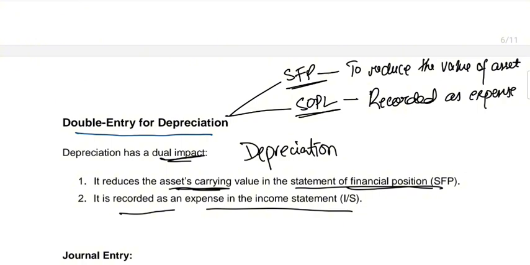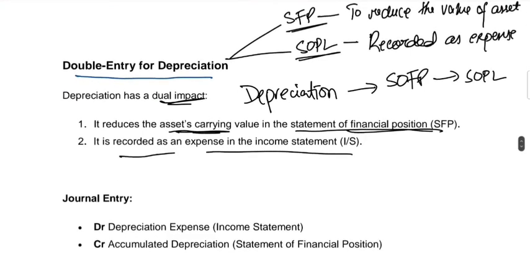Depreciation first visits the statement of financial position, where it eats the value of the asset, and then after it has a nice time with the asset, it goes to the statement of profit or loss, where it relaxes and sits, and is always shown on the face of the statement of profit or loss. All right, so you can think of it in this way.